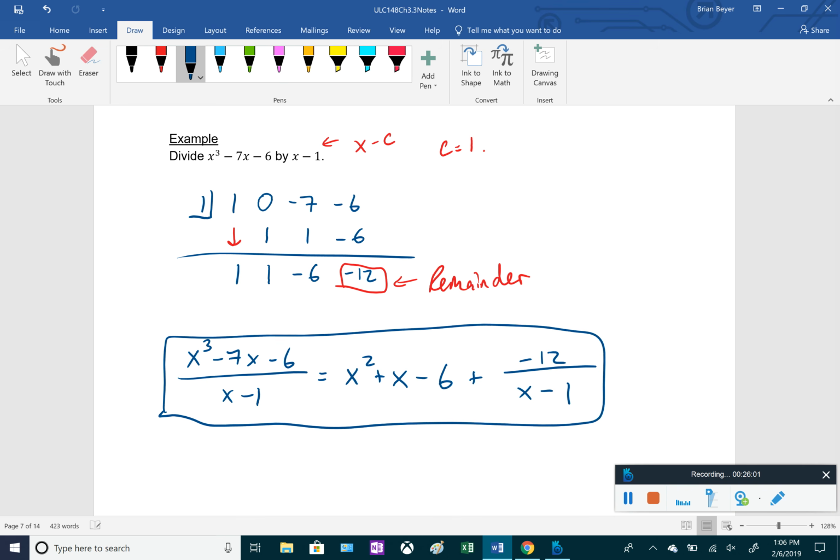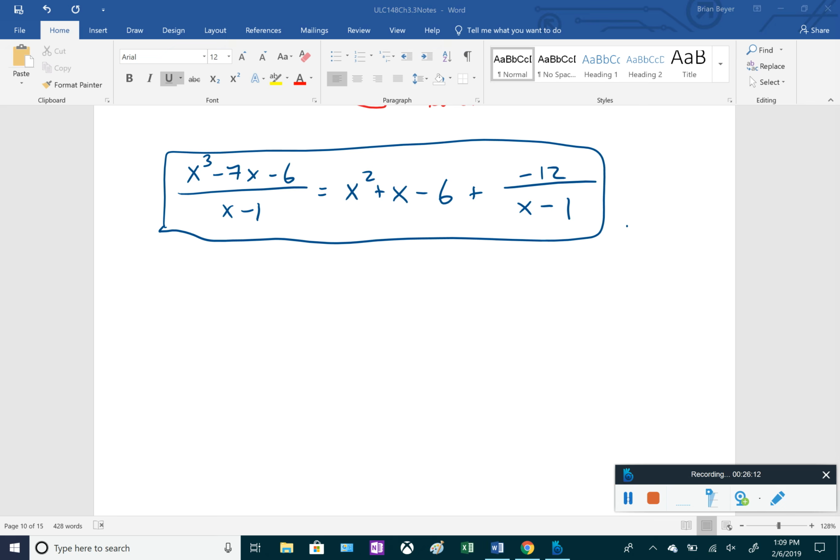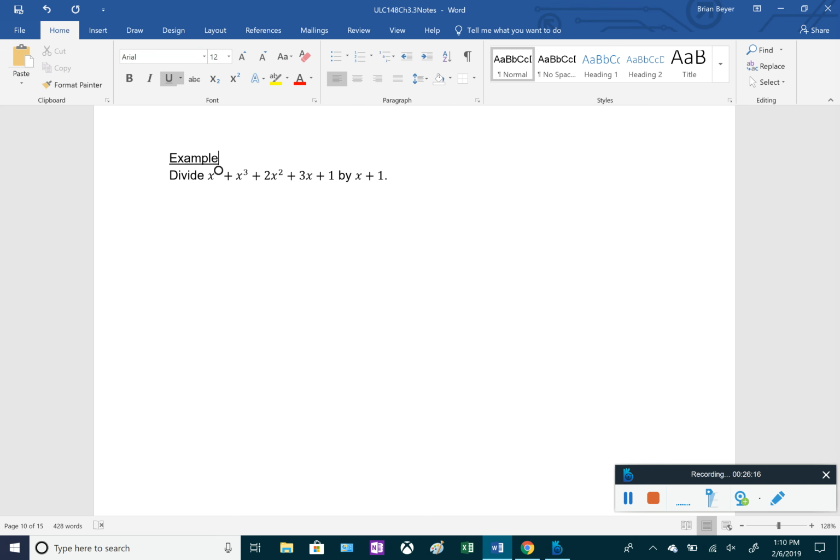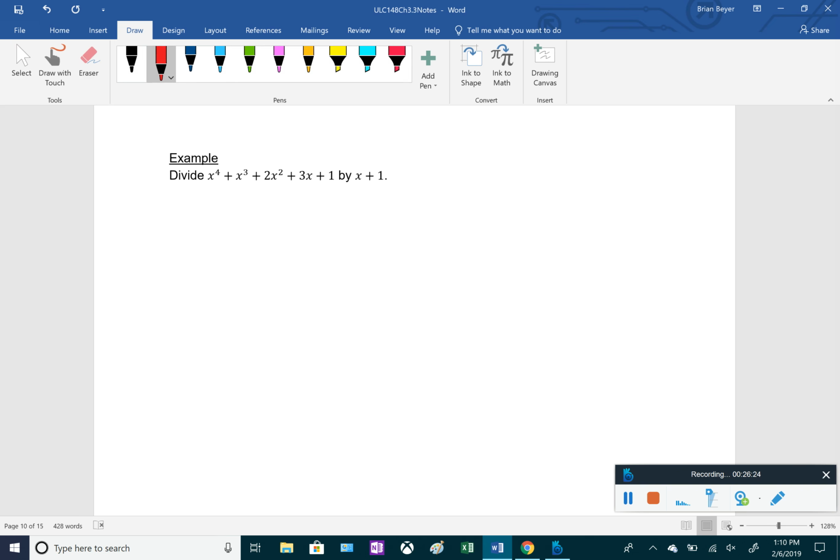Okay, so I'm actually going to add one more example in here, and I'll do it pretty quickly. I just want to add it because it'll get us into the theorem that we're about to do. So let's do this one right here. Let's write out the coefficients for synthetic division. But first, real quick, recognize that this is x minus c, and our c is negative 1.